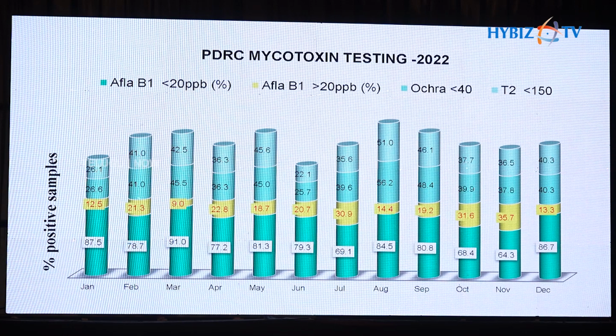Ochratoxin is less than 40 ppb, and T2 toxin less than 150 ppb. But there are samples which are positive in aflatoxin, ochratoxin, and T2 toxin. So multiple toxins are there, and they are responsible for the immunosuppression in birds.